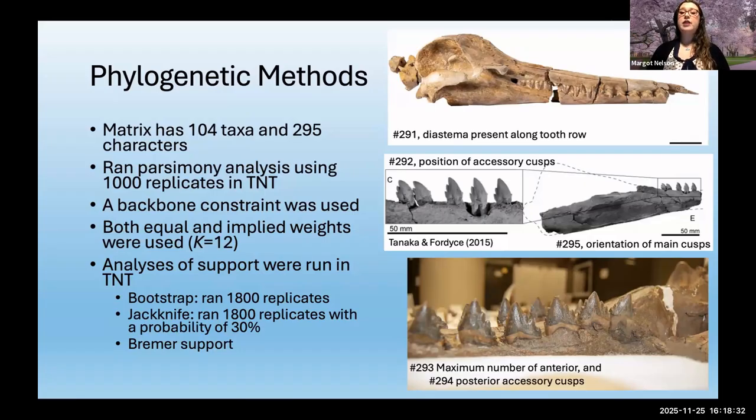I used a backbone constraint to force the relationships between modern taxa, since that is fairly stable for toothed whales. I ran it under both equal and implied weights. These are weighting schemes that either treat all characters equally, or, with implied weights, downweigh characters that have a high level of homoplasy.